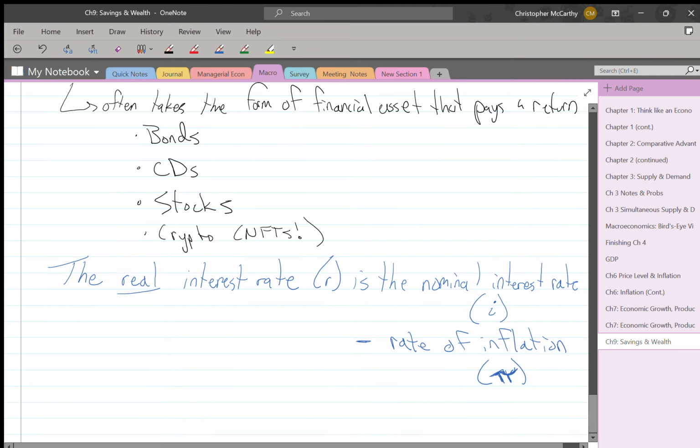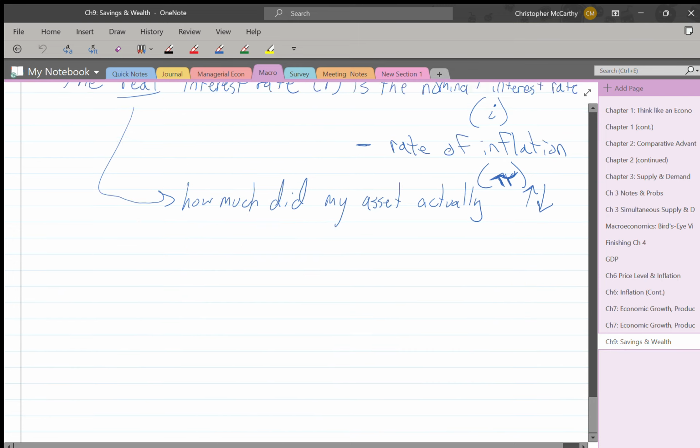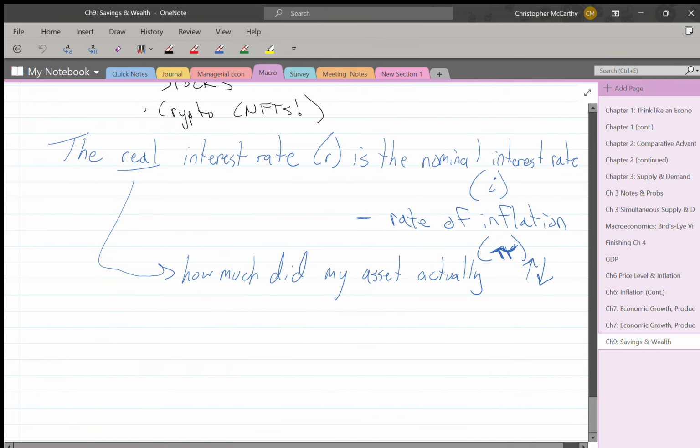And so the real interest rate, this is the thing that tells us how much my asset actually increased or decreased in terms of purchasing power.